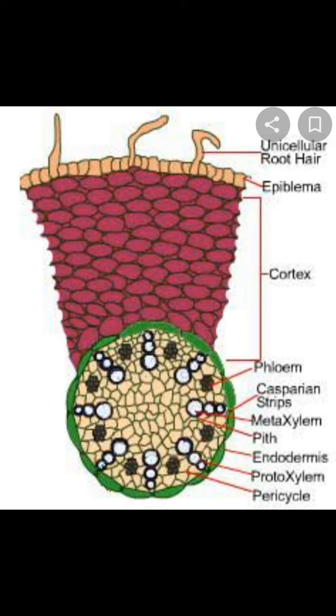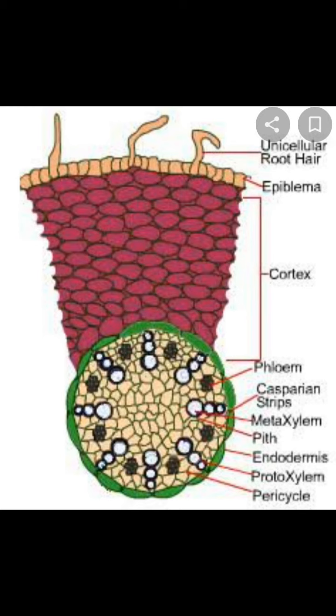As compared to the dicot root, which has fewer xylem bundles, there are usually more than 6 xylem bundles present in the monocotyledon's root. So in the dicotyledon's root we are seeing 4 patches, but here we are seeing more than 6 patches. This phenomenon of more than 6 patches is called polyarch.